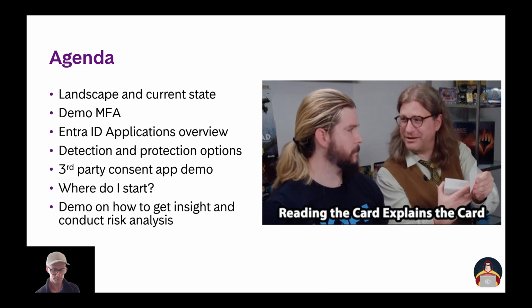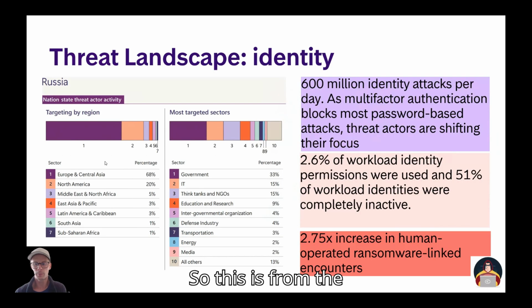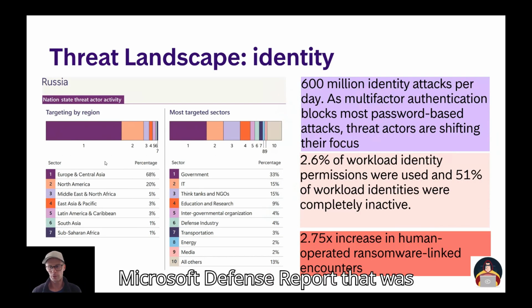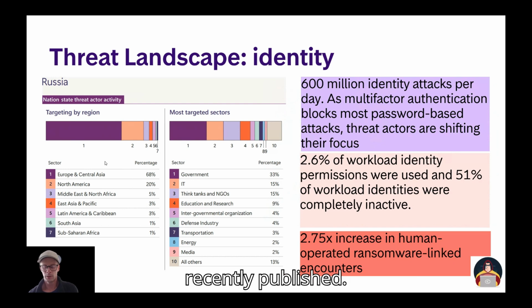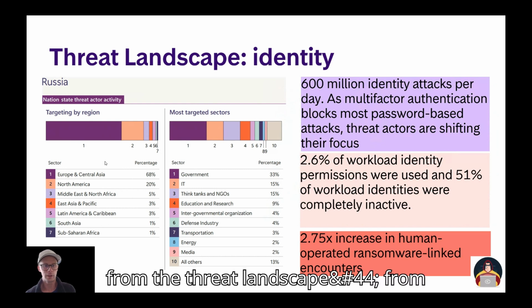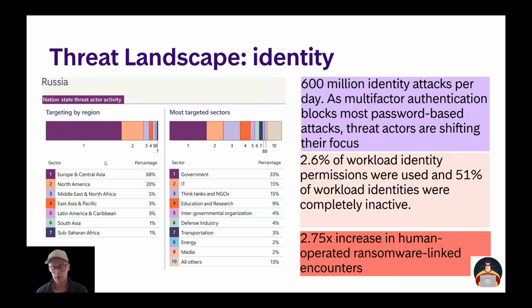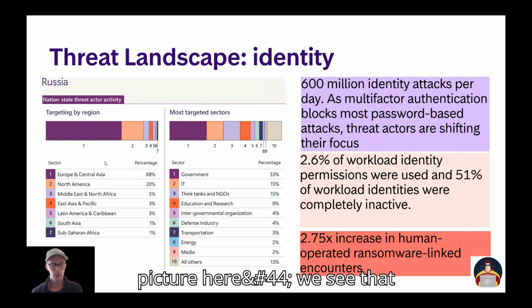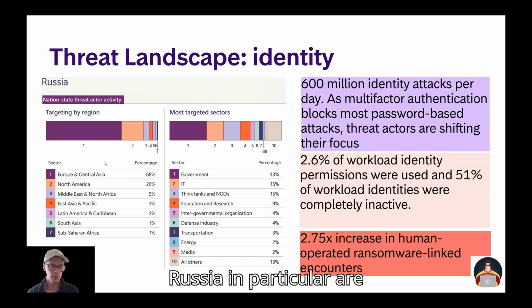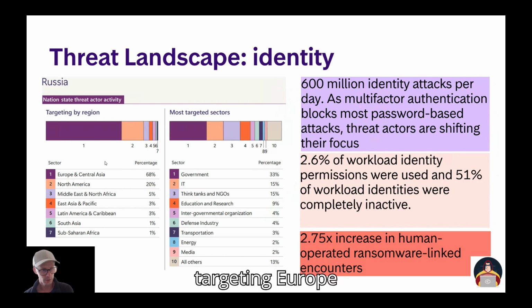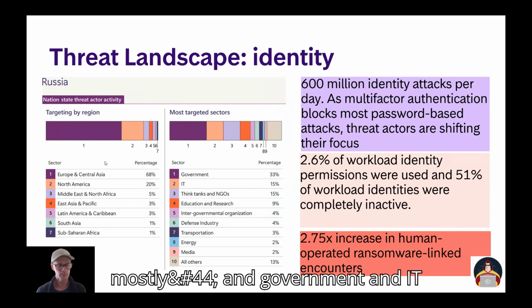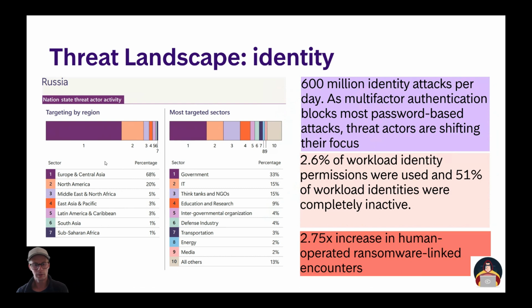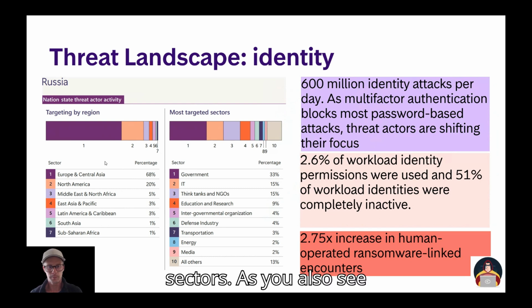So moving on. This is from the Microsoft Defense report that was recently published. I have taken out a bit from the threat landscape from an identity perspective, mostly Europe. In this picture, we see that Russia in particular is targeting Europe mostly, and government and IT are the most attacked sectors.